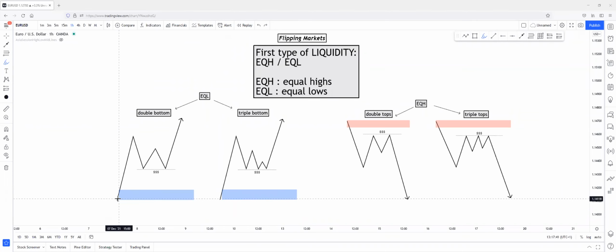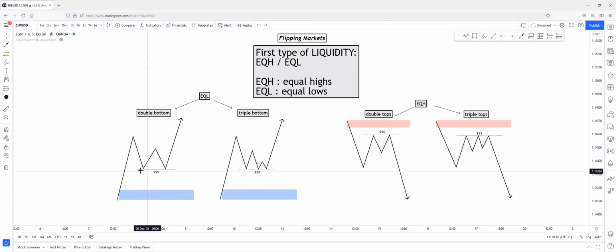In the first example, price is moving to the left, creating a series of higher highs and higher lows. After the first high has been created, price did a pullback, but didn't tap into a demand zone. Instead, it created a low. After the low, it couldn't break above the last high, and it created another pullback.